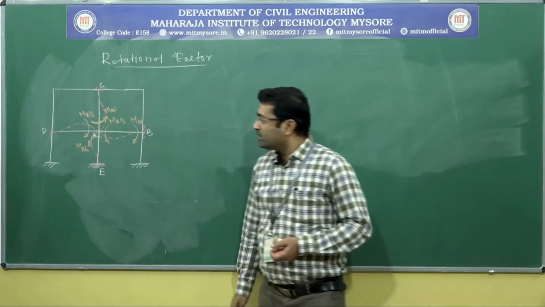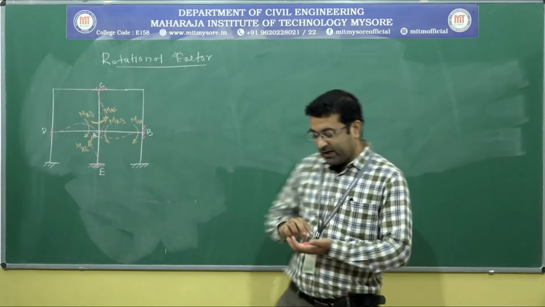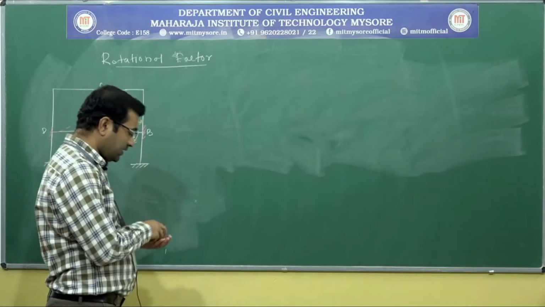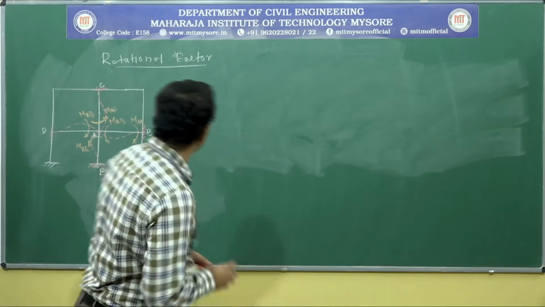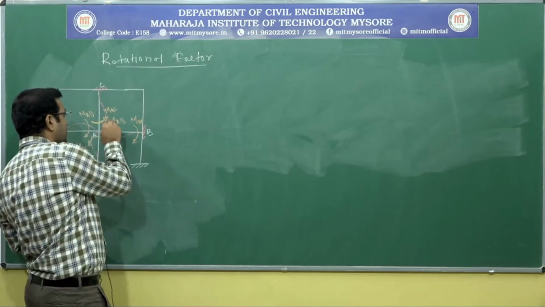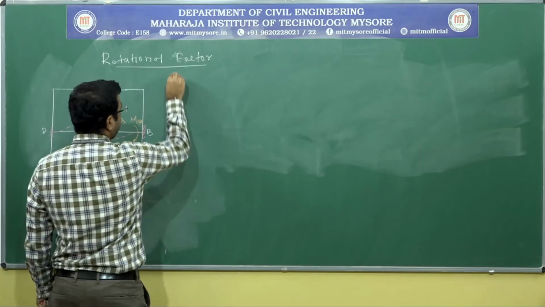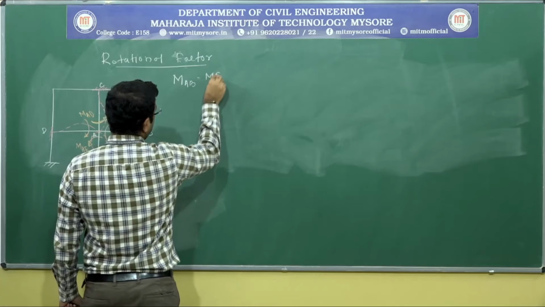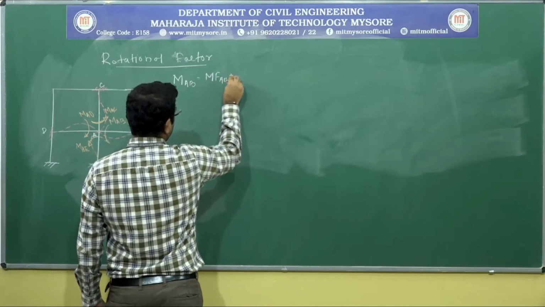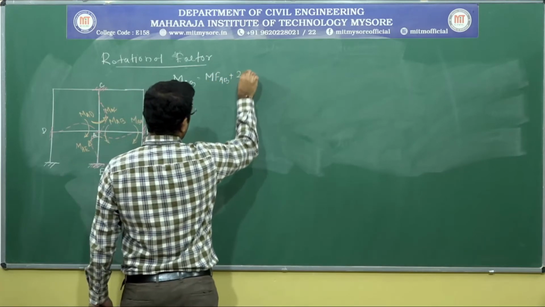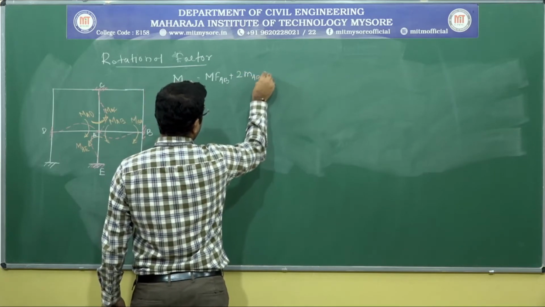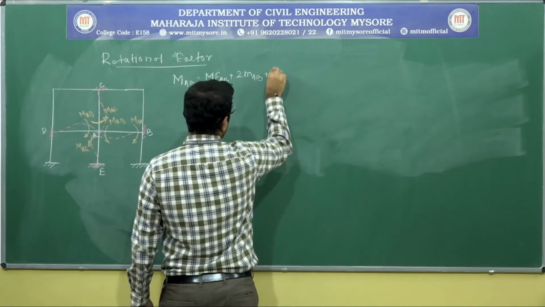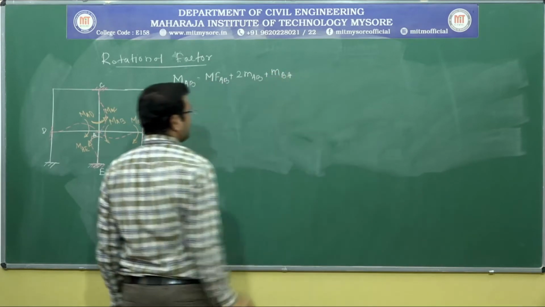As per our modified equation for the bending moment, what are the equations? If I want to determine the bending moment at A, that is MAB, this equation will be MFAB plus 2 times the rotational moment MAB, plus the other end moment, that is 1 times MBA.